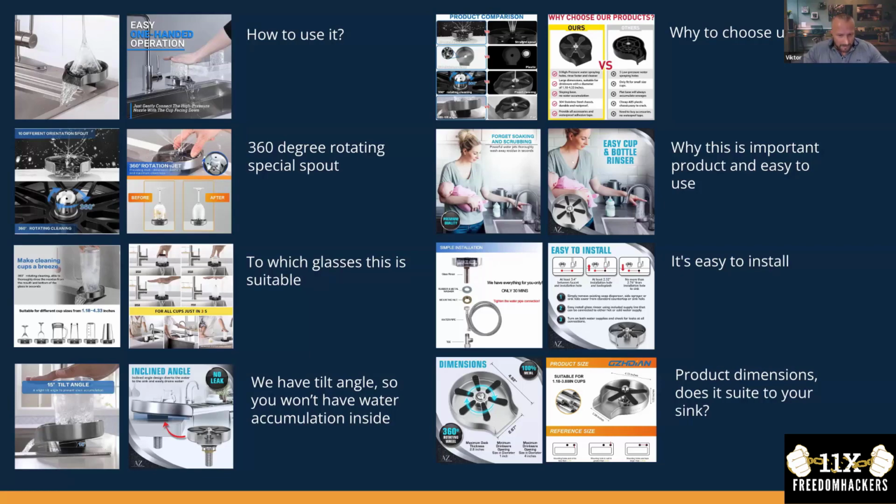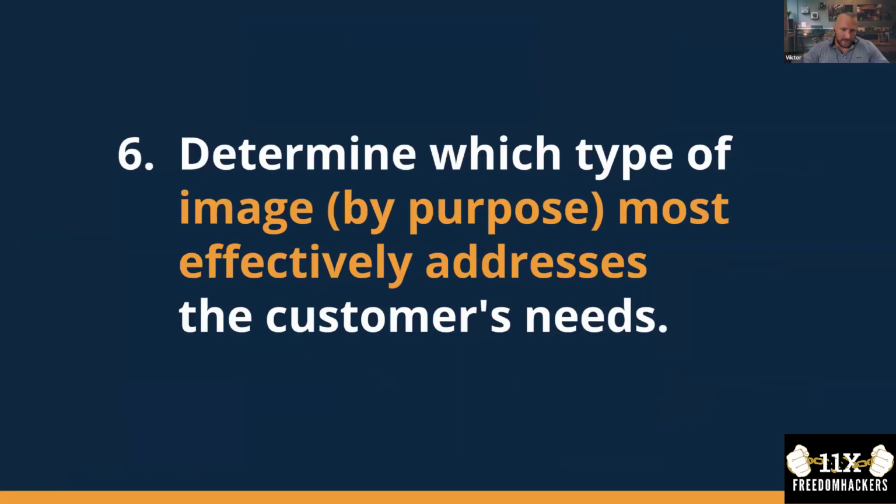If I go further, I can find even more purposes that people are using. Then I need to make a choice: which purpose most effectively addresses the customer's needs, and then explain that to them in a visually attractive way, right?